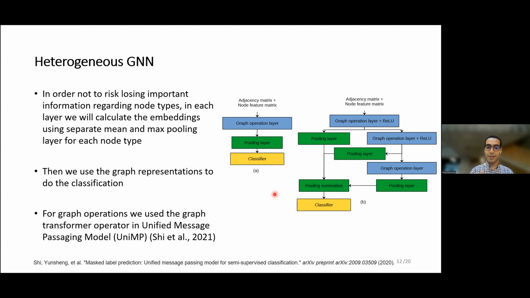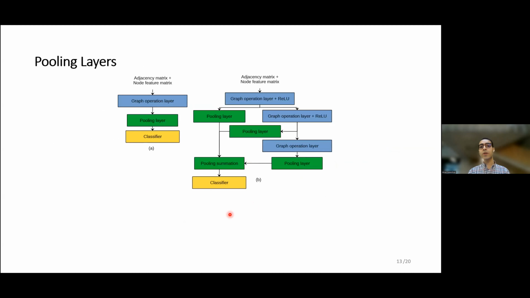I will show the internal of the pooling layers in a second. In our experiments, we used the graph transformer operation as our graph operation. So these were our two models. As I said, after each graph operation layer, we have a graph pooling layer, and if we have more than one graph operation, then we need a pooling summation in the end. Because these are all the same, we will just pick one of them and look into that.